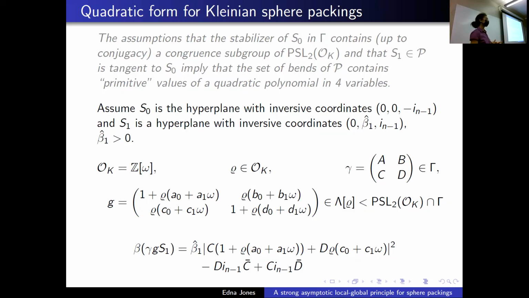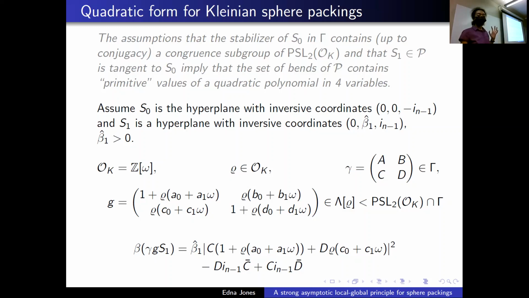You can kind of see that it's a quadratic polynomial in A0, A1, C0, and C1 because of this norm thing.